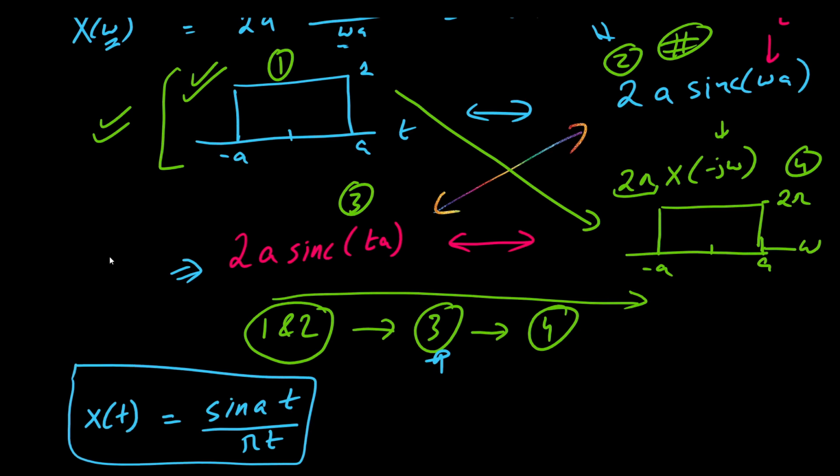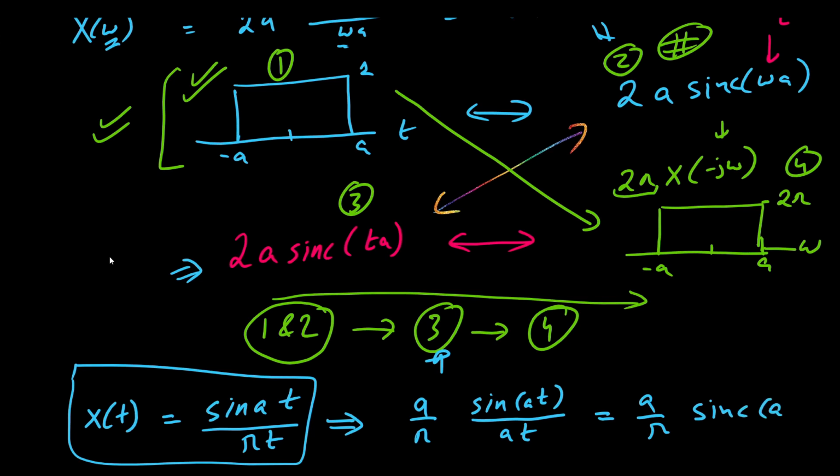But note that this is not in a sinc form, so we can transform it into a sinc form by means of multiplication and division by a. So multiplying and dividing by a, we have a by pi sine of at over at, and this is simply a by pi sinc function of at.